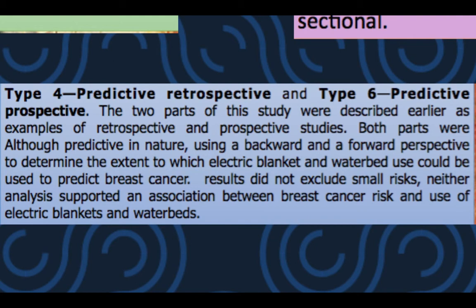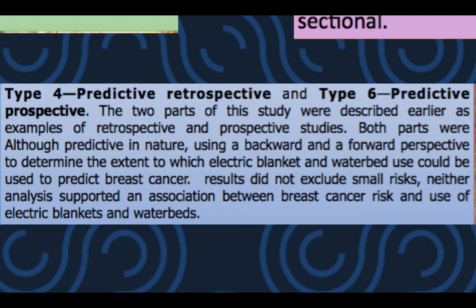Another type, according to Johnson, is the combination of predictive retrospective, and for type 6, the combination of predictive prospective. A good example of these two types is the two parts of this study, which were described earlier as examples of retrospective and prospective studies.